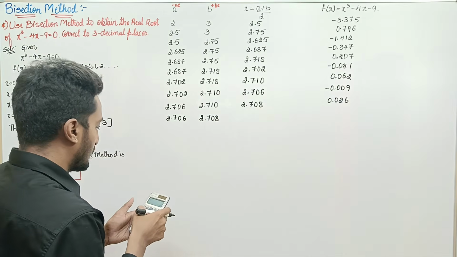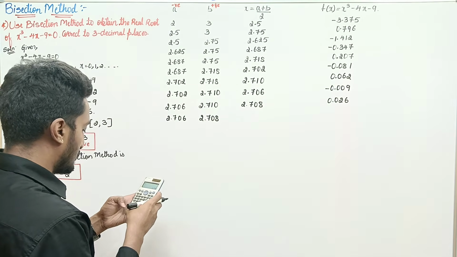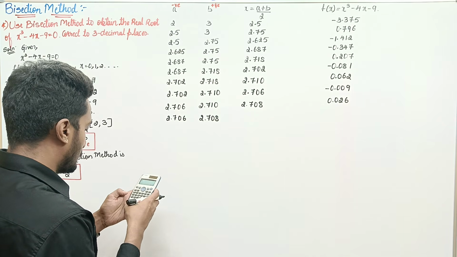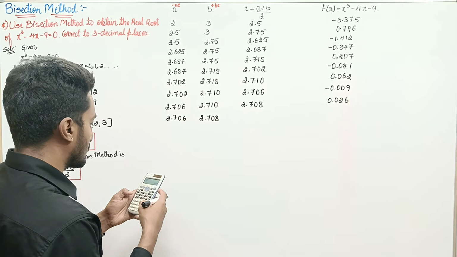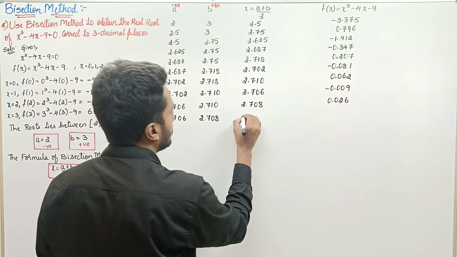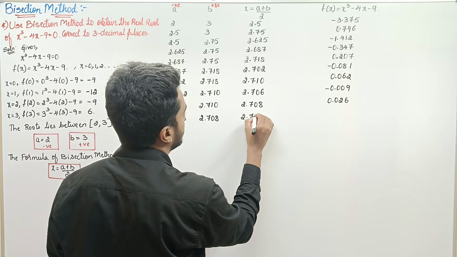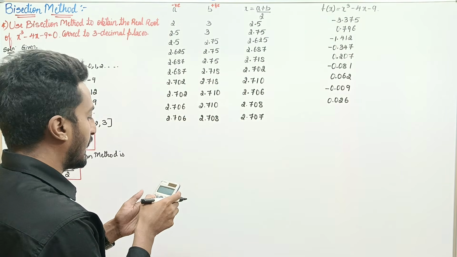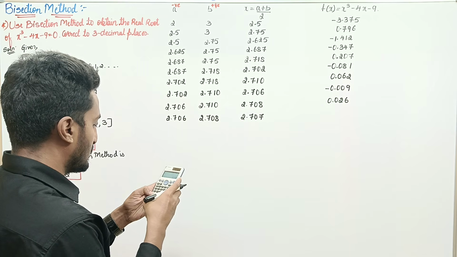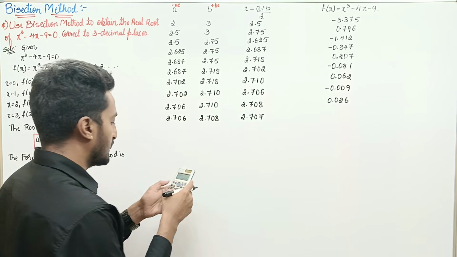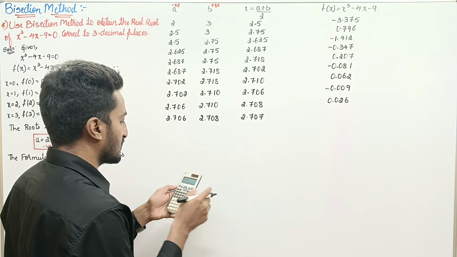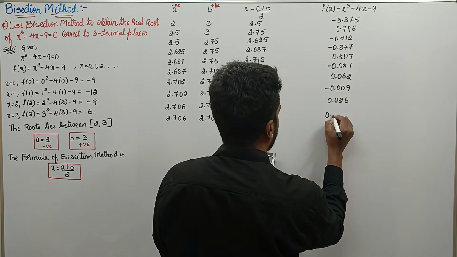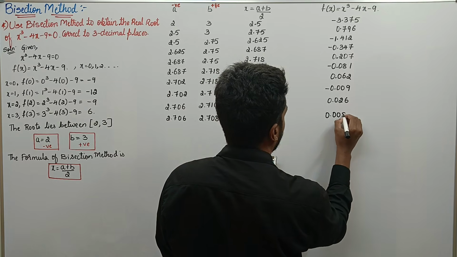Again, function value of a plus b, 2.706 equals 2.708 equals, you get 2.707. Now function value calc 2.707, you get shift eng, you get 0.008.